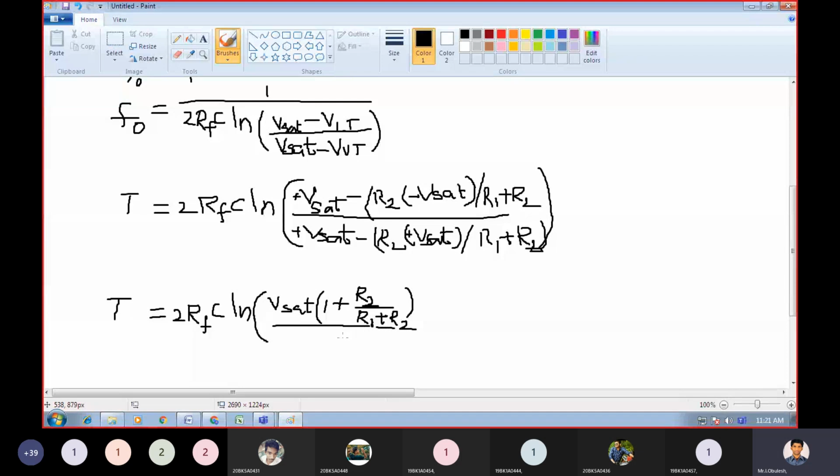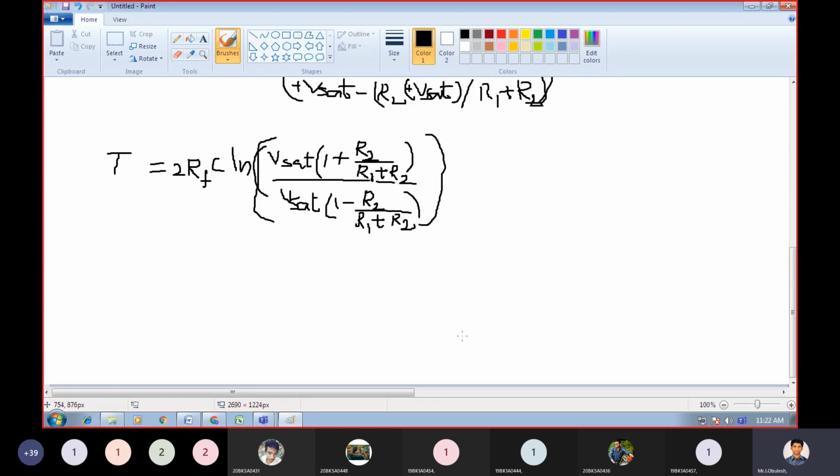Divided by V saturation into 1 minus R2 by R1 plus R2. So this is the equation.